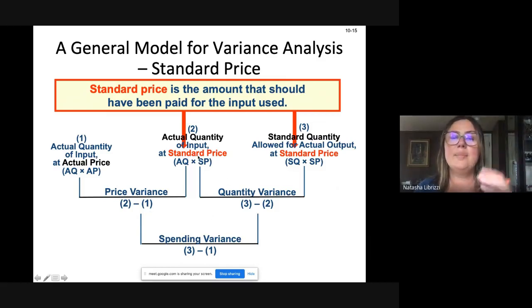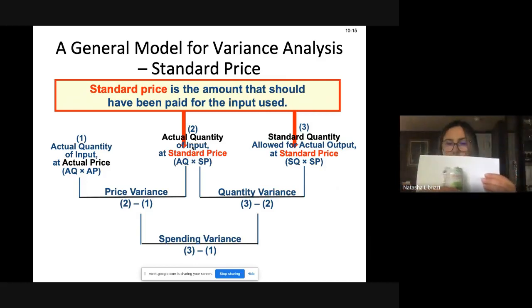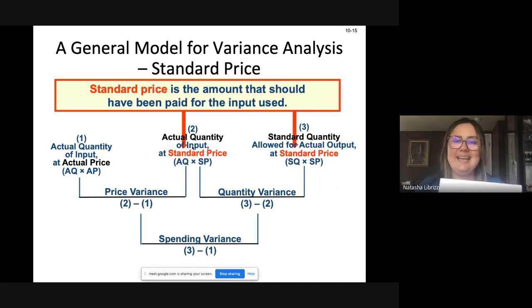Because when we compare things, it's a good time to mention that we are comparing to a standard. Let's say too much material has been used, and it's not a good thing. So instead of using 3 cans, we use 4. We want to price the mistake at standard price, not the actual price we paid, because we're mixing one thing with another.